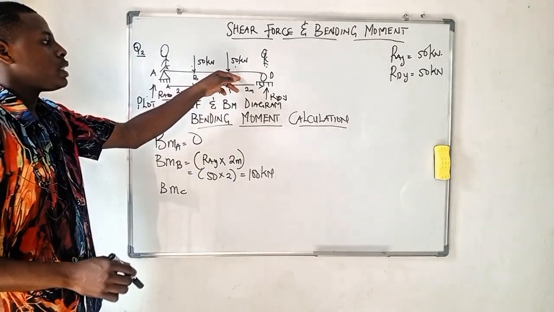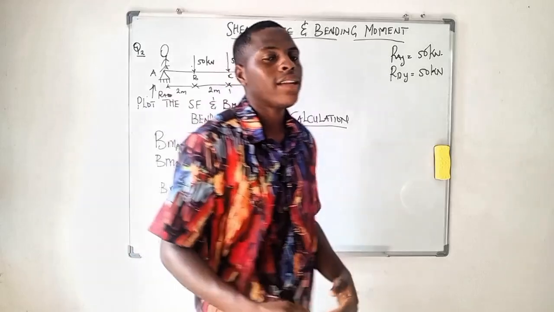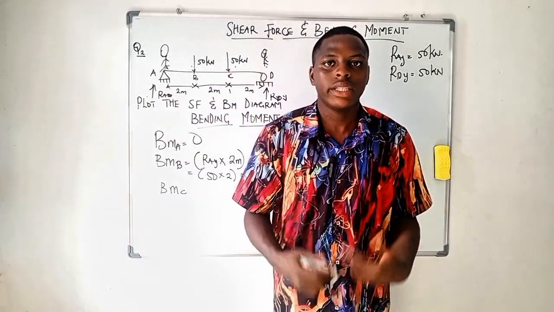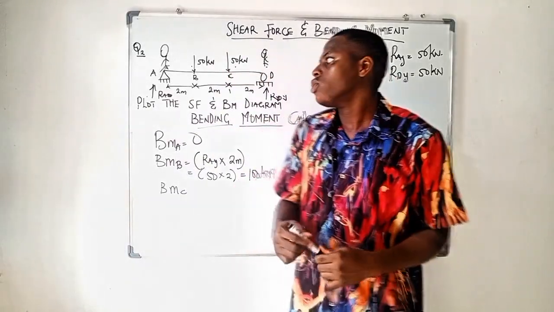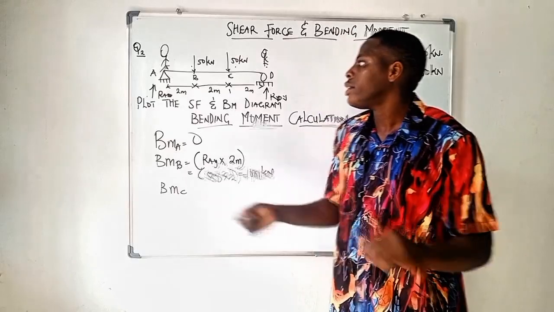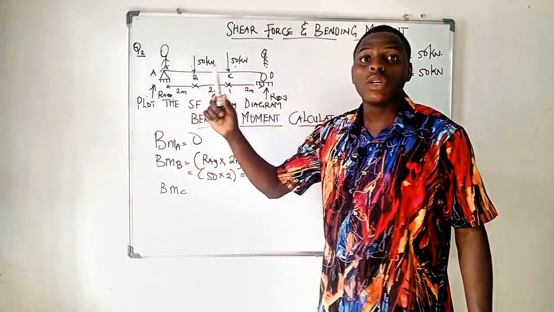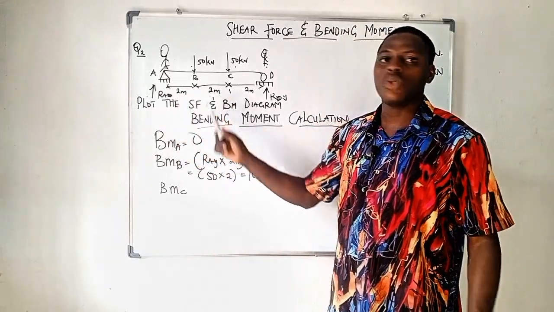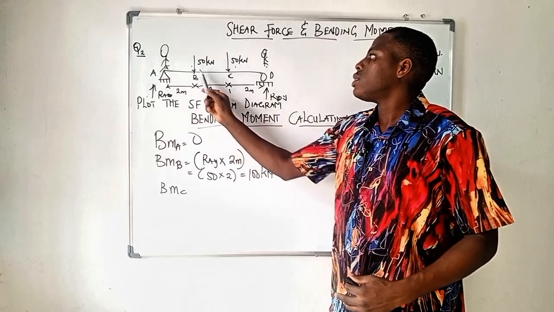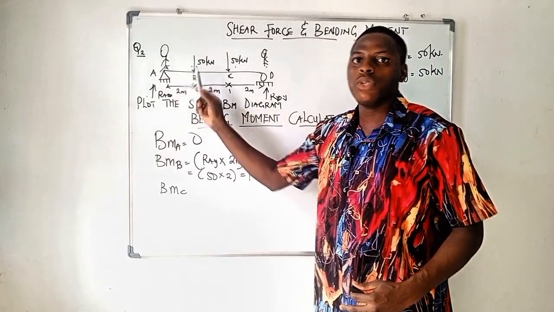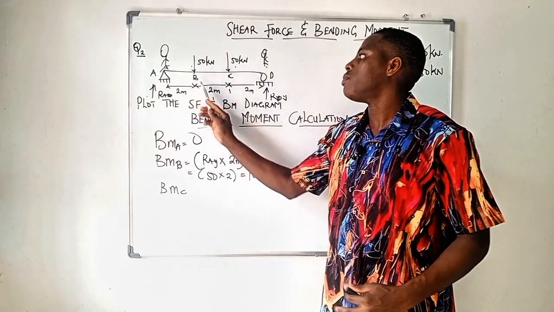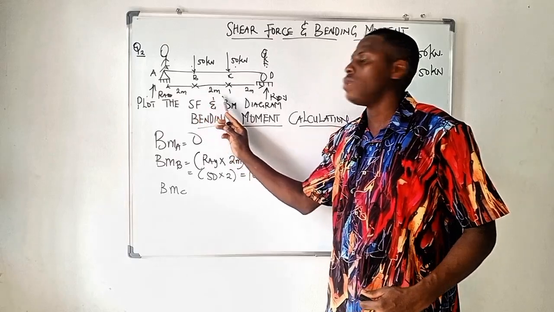The next one is bending moment at point C. You are standing at point C, considering the forces with respect to their distance coming to point C. You are seeing two forces: Ay with respect to a distance of 2 and 2, which is 4, and this point load, which is negative 50, multiplying the distance, 2 meters.